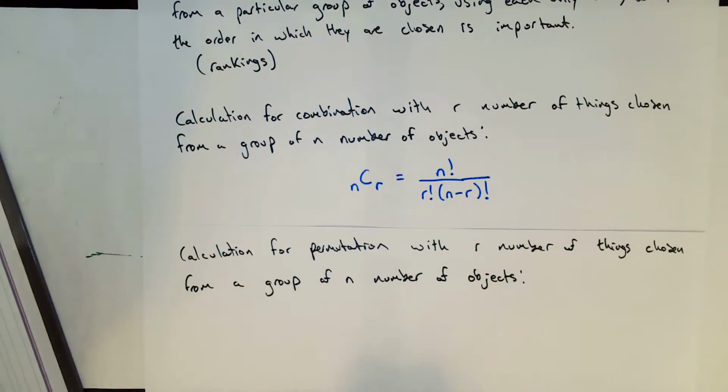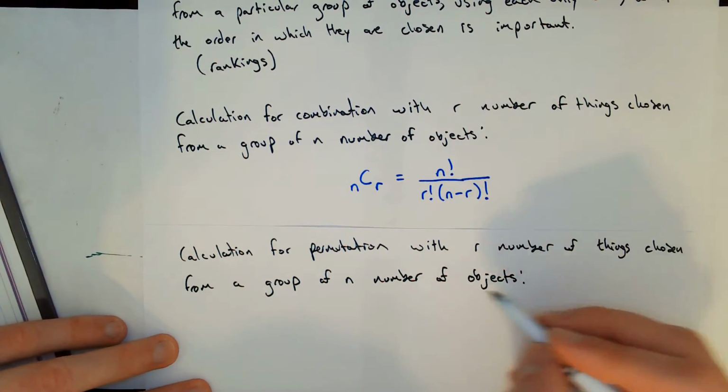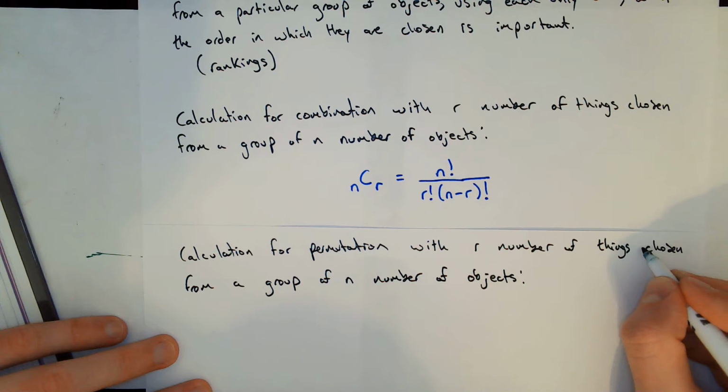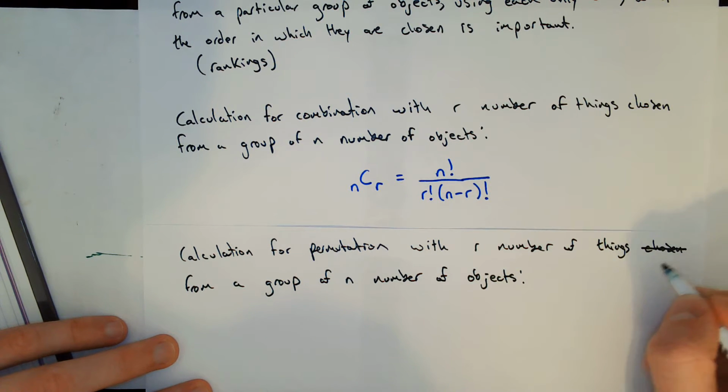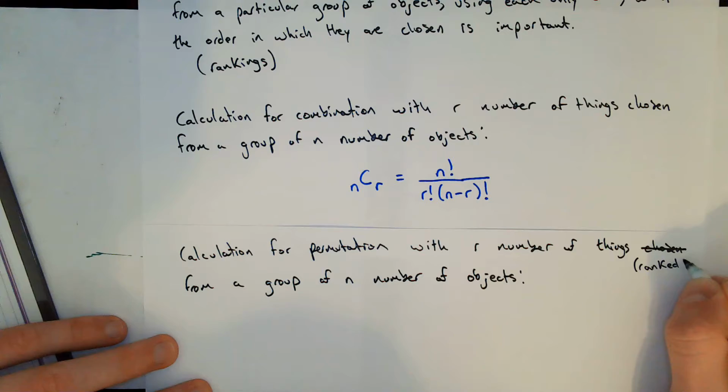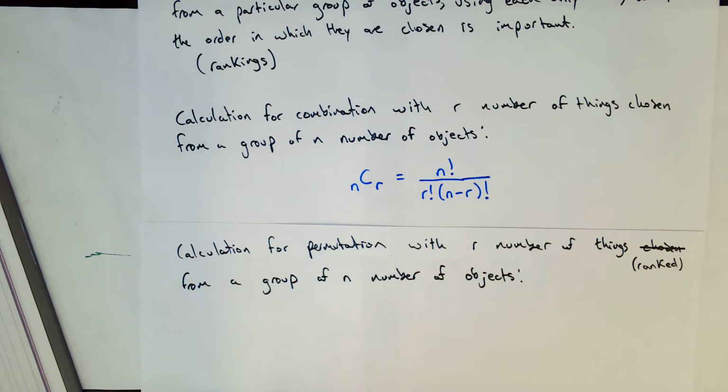Now, let me say something. Maybe instead of saying r number of things chosen from a group of n objects, just to be a little bit more precise in my verbiage, or a little less misleading, I could say r number of things ranked, right? Because that's what a permutation does. It orders things.